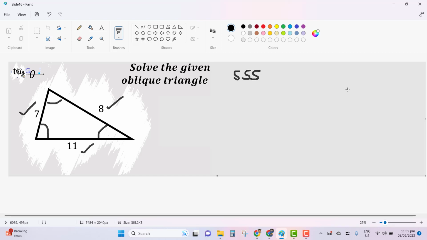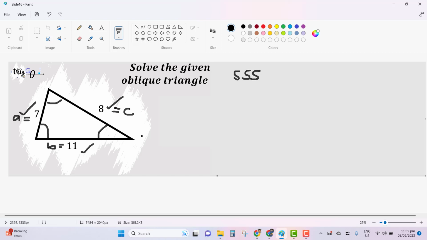In solving the measurements of the intended angles, let's try to label these sides here. Let's say this is a, this 11 units is b, and this is our c. This would also mean that the angles directly opposite these sides will have the same letter, though uppercase.